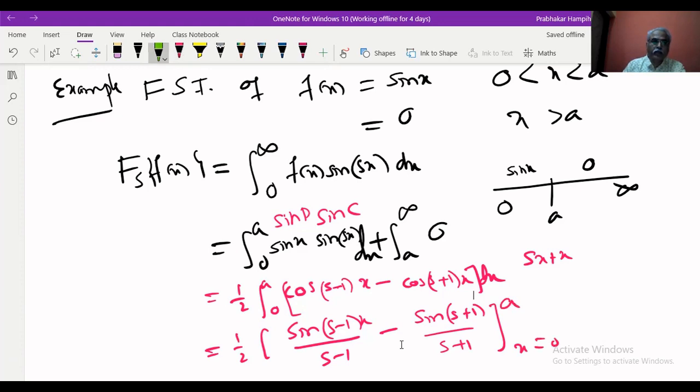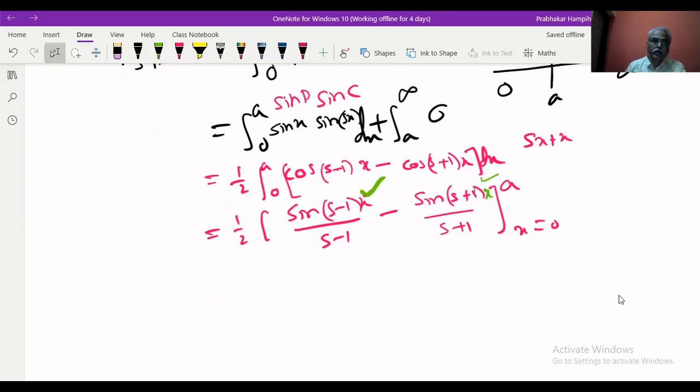So wherever x is there, you have to substitute. Here also x is there. The limits are a and 0. When you substitute the lower limit 0 it vanishes, and wherever x is there it becomes a, and that becomes the final answer.